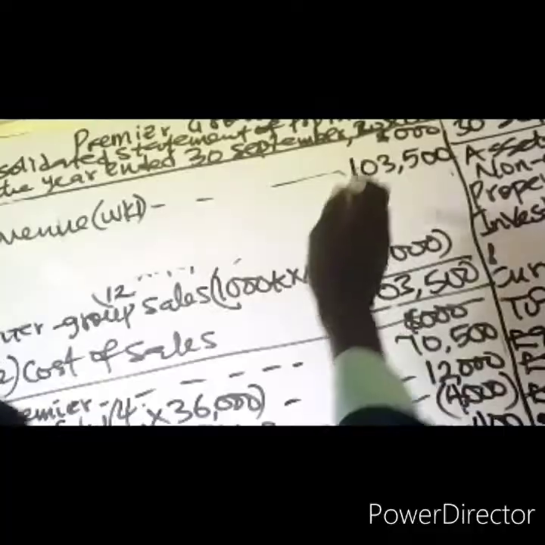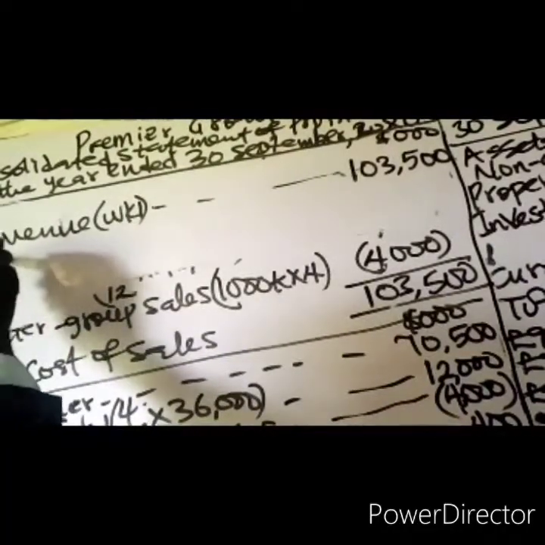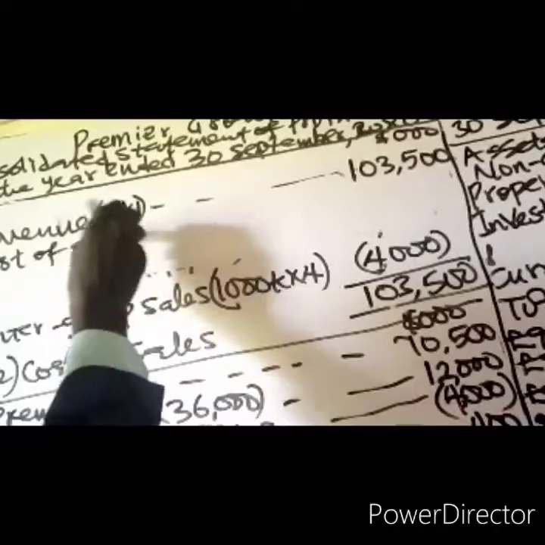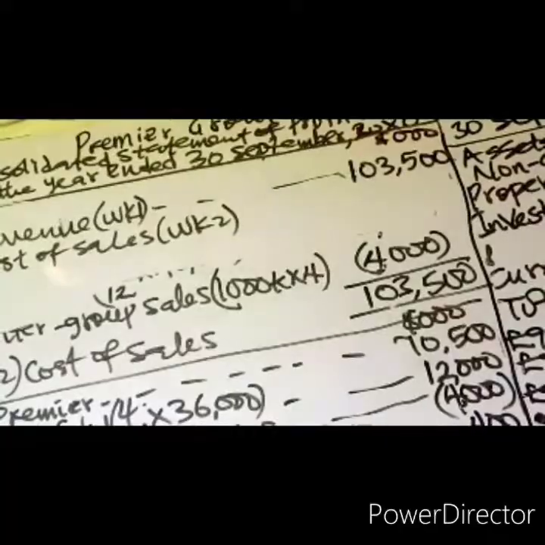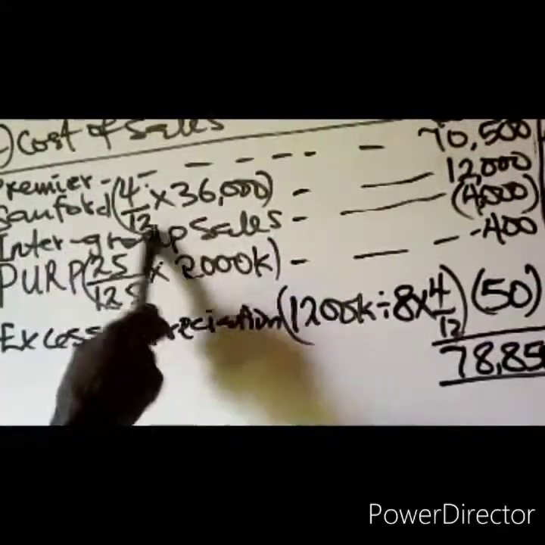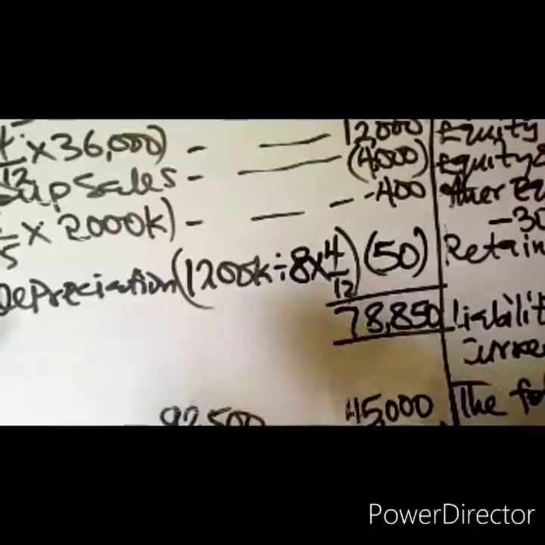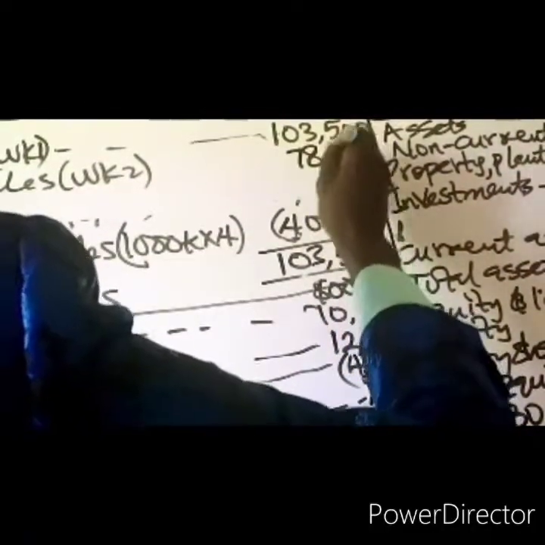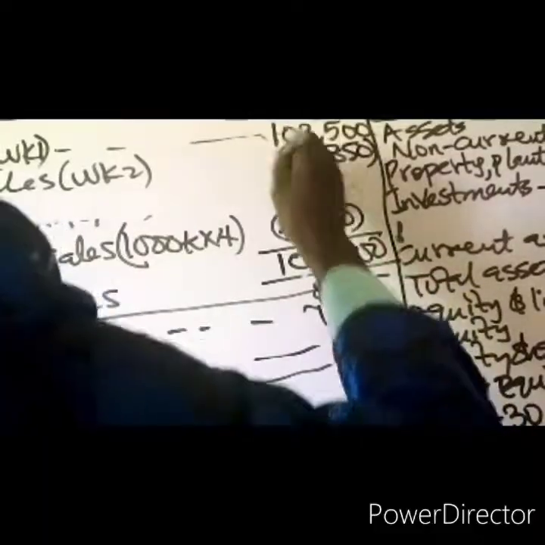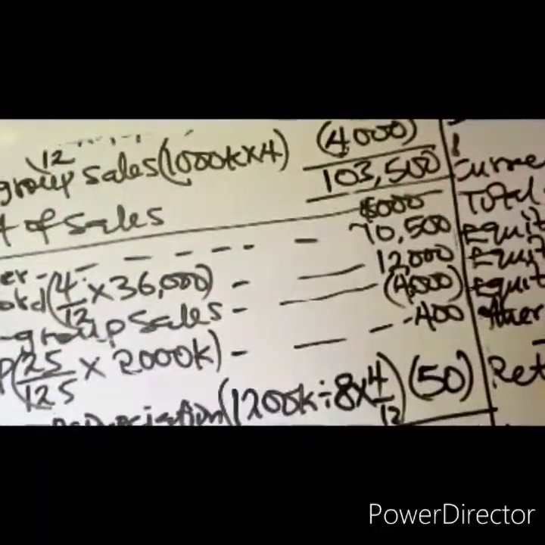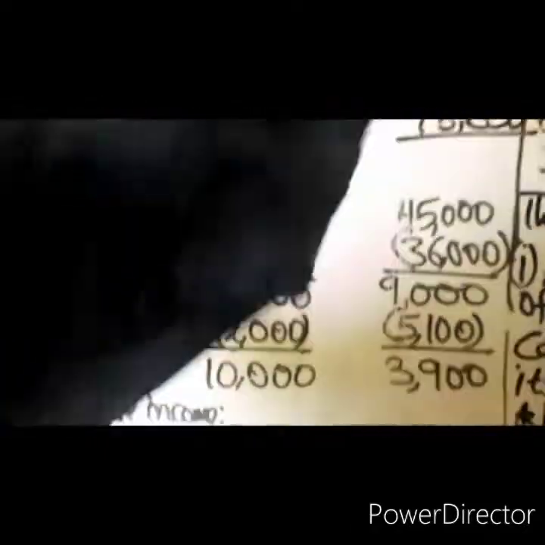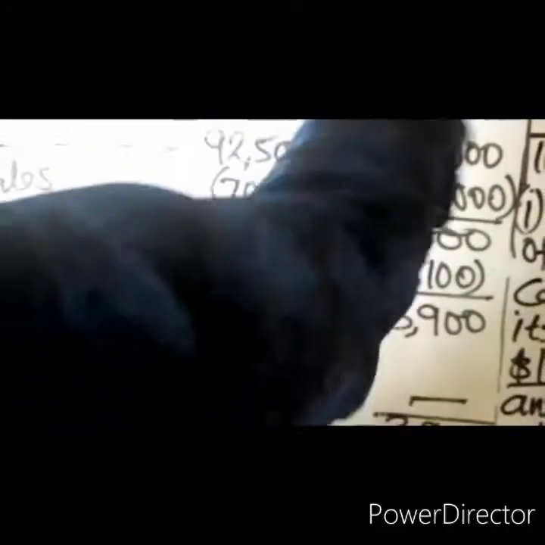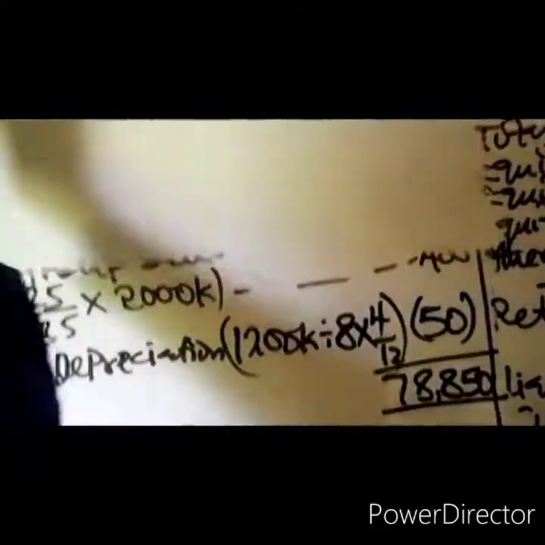After revenue, the next thing is cost of sales. Cost of sales, that is working 2. From our working 2, our cost of sales is 78,850. After deducting cost of sales from revenue, you arrive at the gross profit.